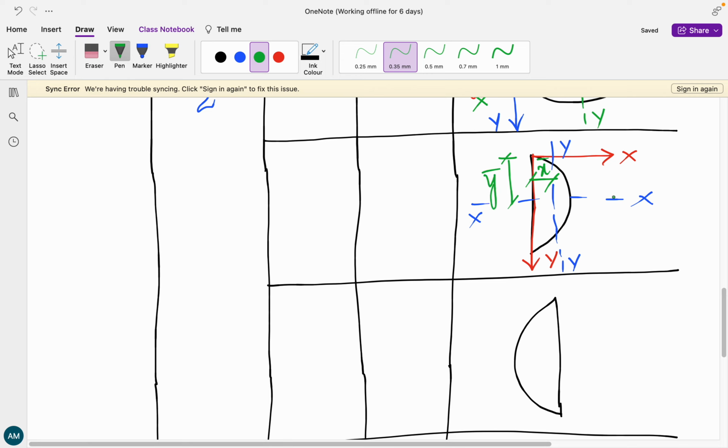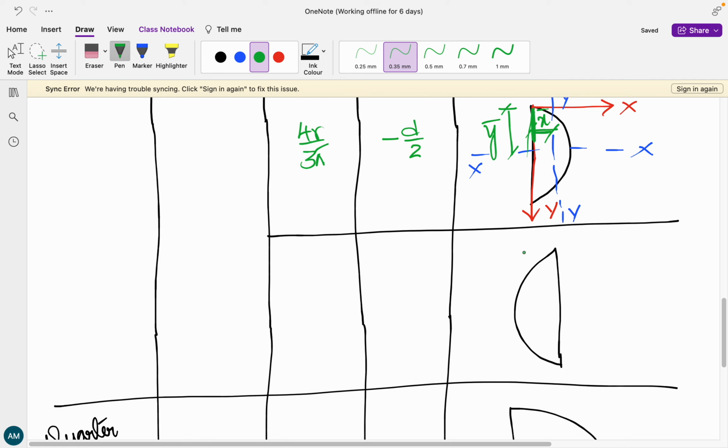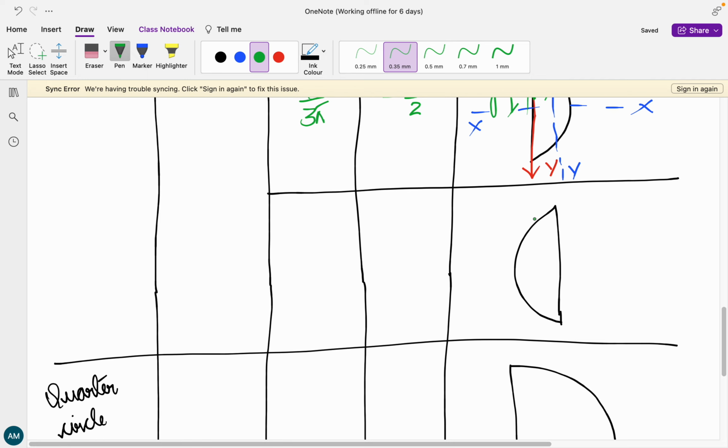Now the x-axis is the one that is going to divide the semicircle into two equal halves. So first let us write this x bar. Previously I told you that from this diameter, from this flat surface, the distance is going to be 4r by 3 pi. Now the x bar value is 4r divided by 3 pi, whereas the y bar value is going to be d by 2 with a negative sign because the y-axis is along the negative direction.